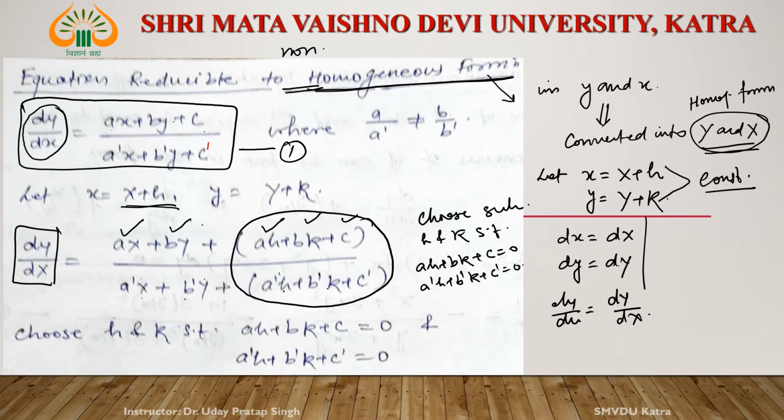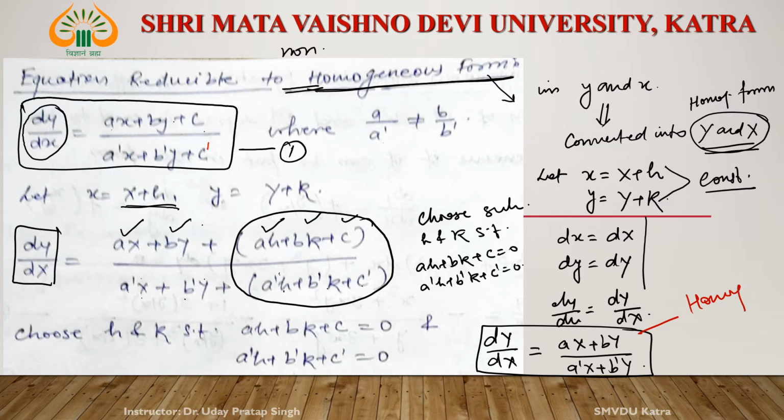So this differential equation becomes d capital Y by d capital X equals aX plus bY divided by a prime X plus b prime Y. Okay. Now this equation is a homogeneous differential equation in capital Y and capital X. Why is it homogeneous?